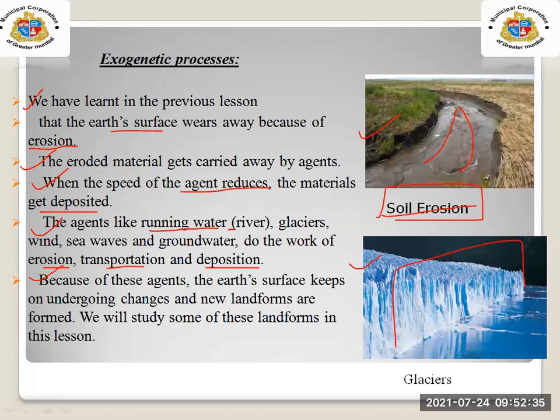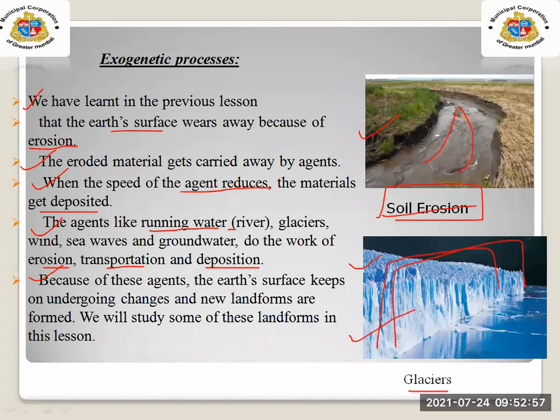The term glacier comes from a French word, glace, which means ice. Glaciers are often called rivers of ice. So this is the example of glaciers.